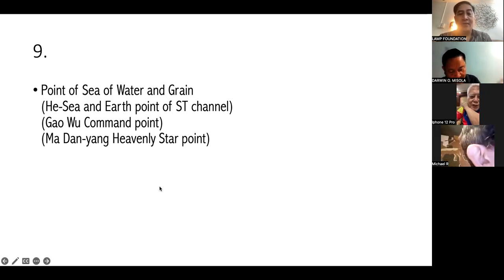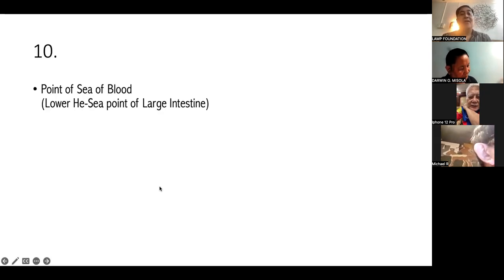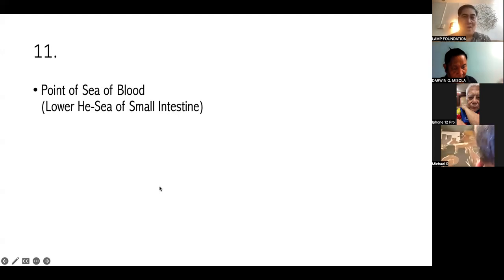It is Stomach 36. Stomach 36 po. Lower he-sea point of the large intestine. Stomach 37. Galing. Wow. Lower he-sea point of the small intestine. Stomach 39.